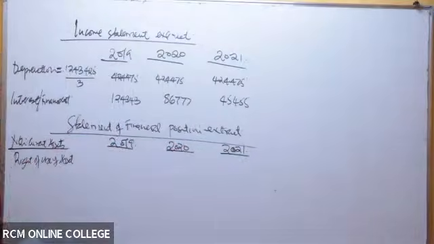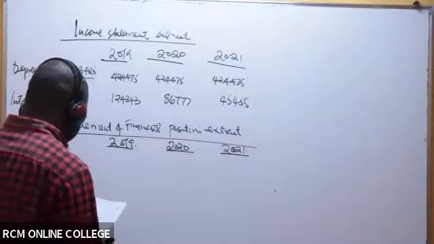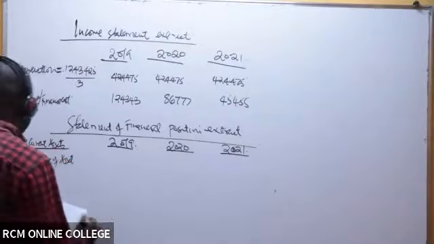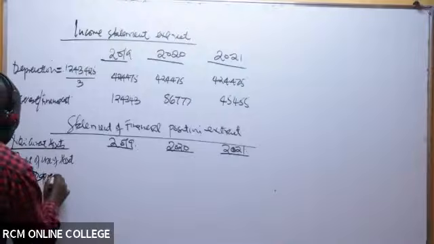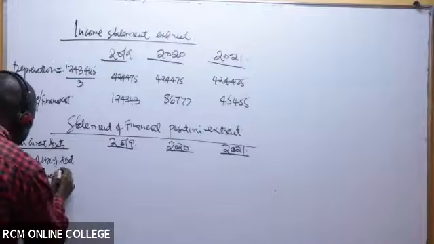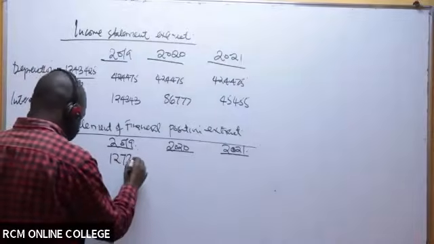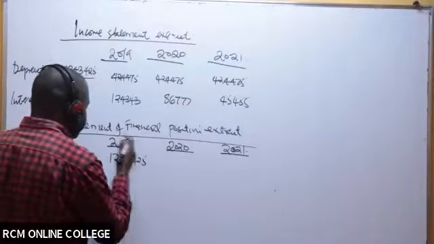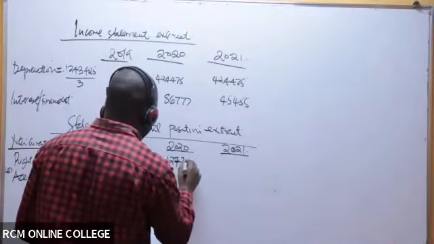The right of use of the asset we had computed, if you can recall, was 1273,425. We less the accumulated depreciation.